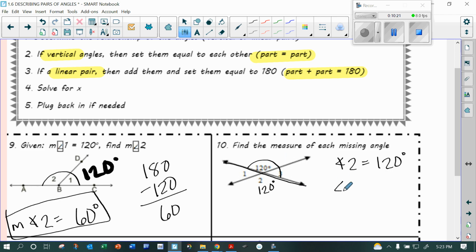So that means angle 3 is going to be 60 because 180 is in this line all the way across minus the 120 they give us, which is 60. Now, since this angle is 60, this is across from it, so angle 1 is also 60.